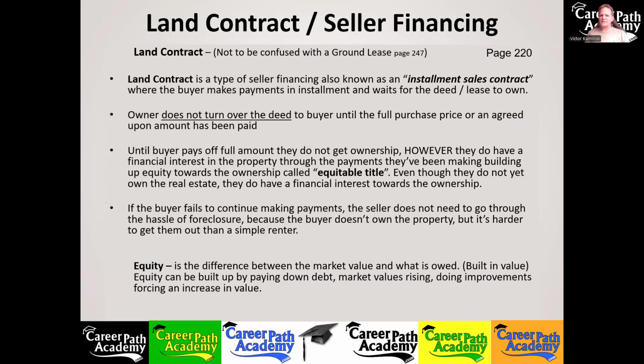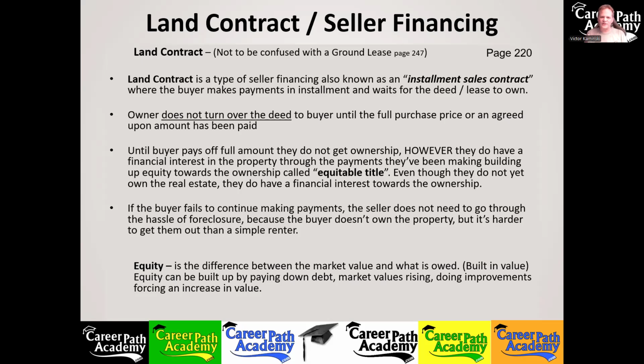A land contract is a type of seller financing, also referred to as an installment sales contract. This is where a buyer makes payments in installments and waits for the deed. It's kind of like a lease to own. The owner doesn't actually turn over the deed to the buyer until the full purchase price or another amount that they agree upon has been paid.